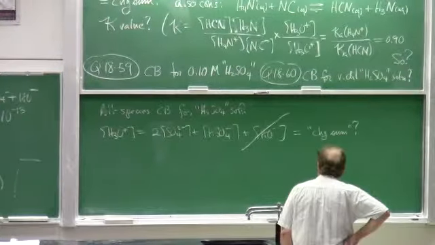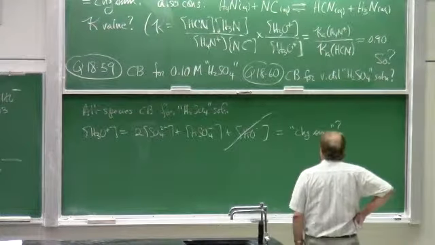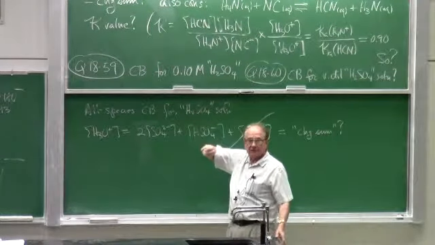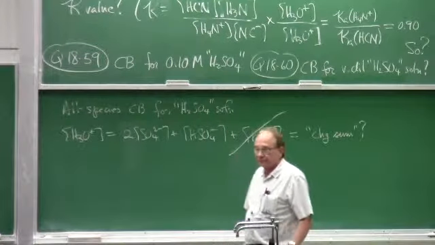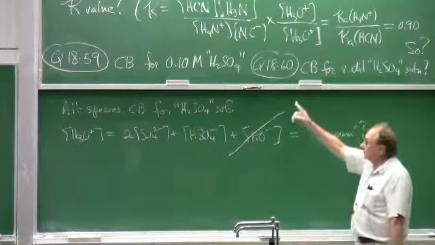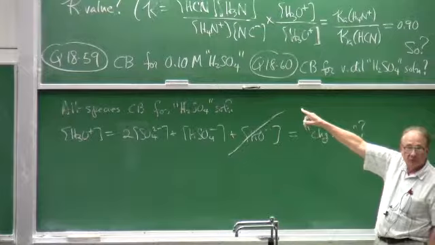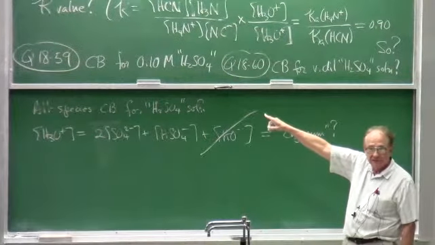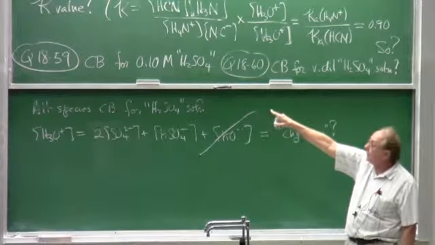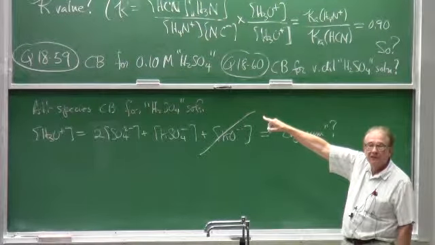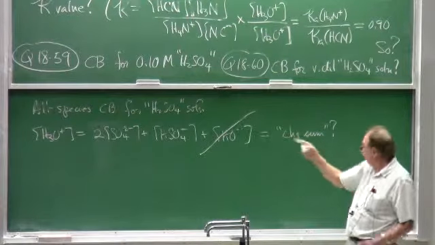All right? Can I set this equal to a charge sum? How about 10th molar sulfuric acid solution? What do we know about the charge sum value? What do we know about the hydronium ion concentration for 10th molar sulfuric acid solution? We know that it's bigger than 0.10 molar, but it's smaller than how much? 0.20 molar.